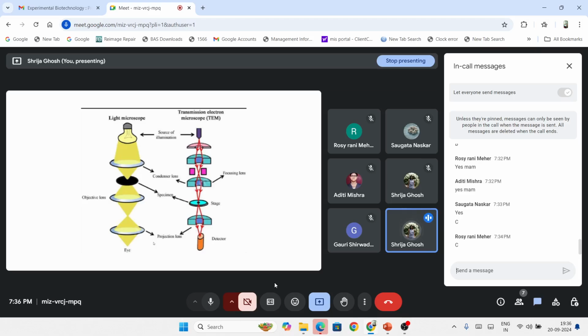So I hope light microscope, scanning electron microscope, and transmission electron microscope, all three concepts are clear to you now. So you have seen the diagram for all three. If you have any form of doubt, you can ask me right now. That would be easier for me to explain. If you don't have a doubt right now, if you want to ask it at the end of the class, that's also fine.